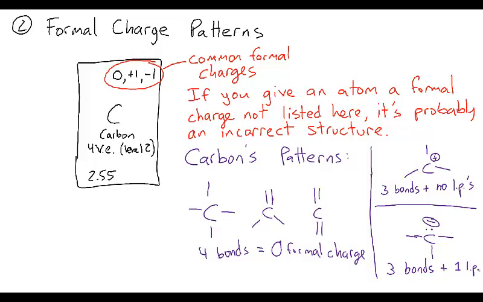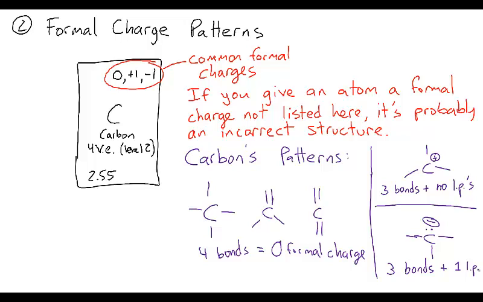So 3 bonds and a lone pair, that's what gives it a negative formal charge. So you shouldn't ever expect to see carbon do something other than one of these patterns.